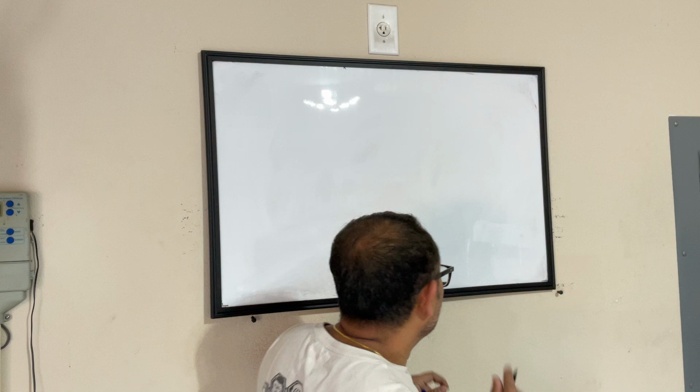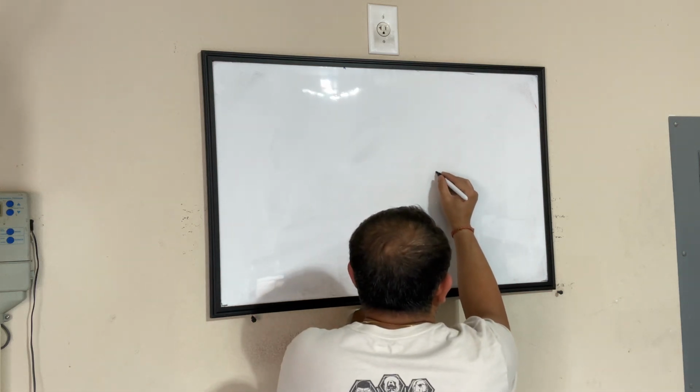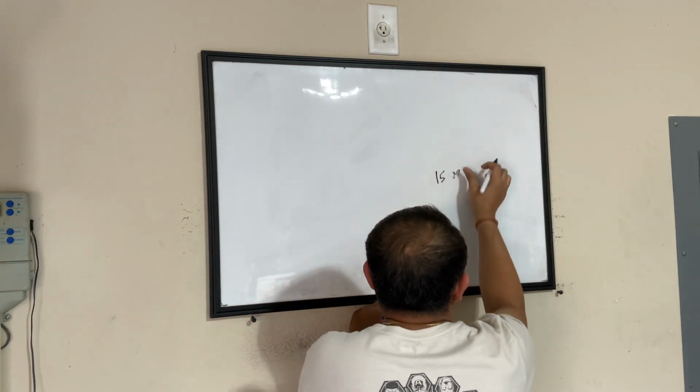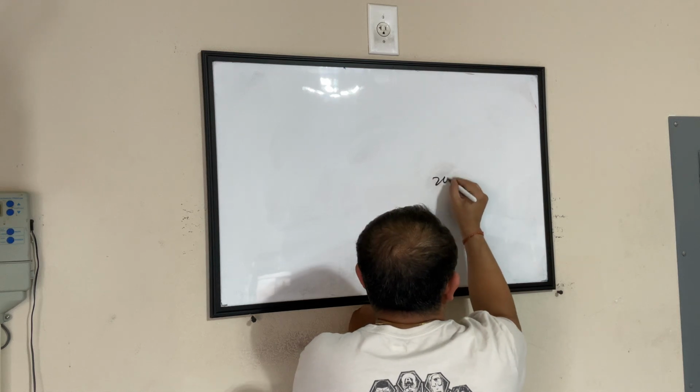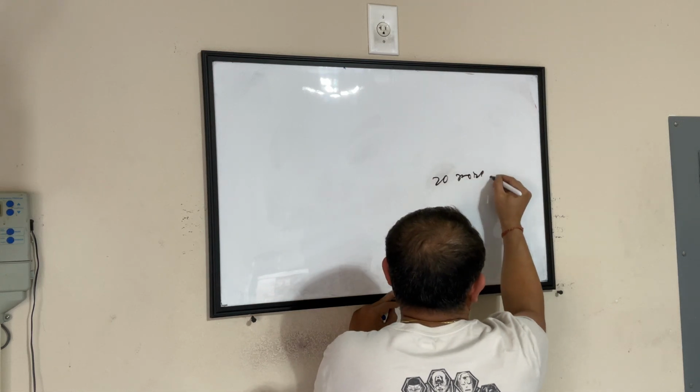And the lowest score was got by one student in the class who got 20. So how much did I get? There are two things I'm saying. I got 20 marks more than my best friend.